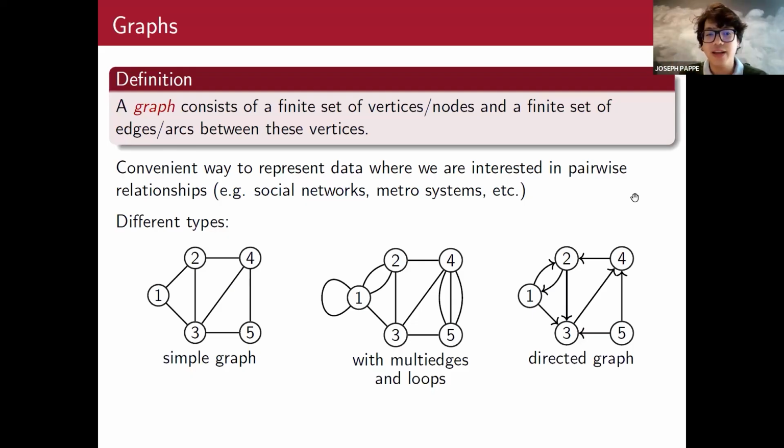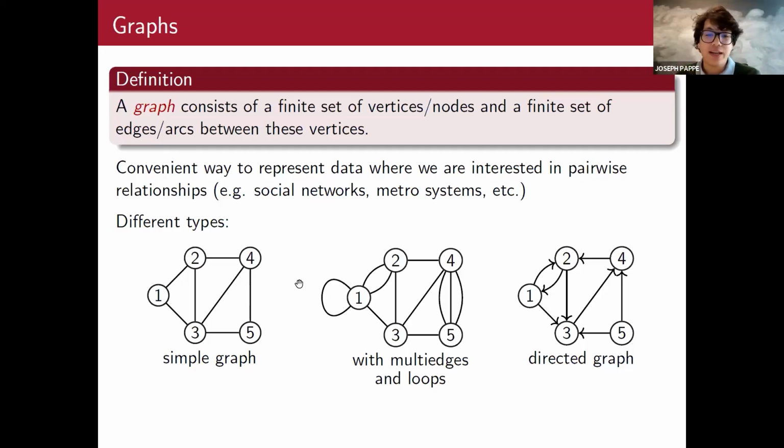So for instance, on the left, we have a simple graph. Here we have a bunch of vertices or nodes, which I've labeled by numbers. And then we have a bunch of connections between these nodes, right? And we just care about whether there's a presence of an edge or not. Okay. So this is a simple graph.